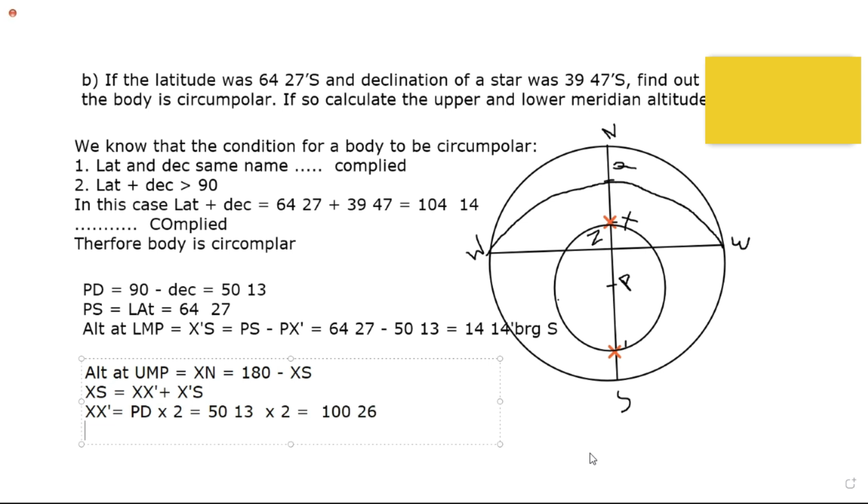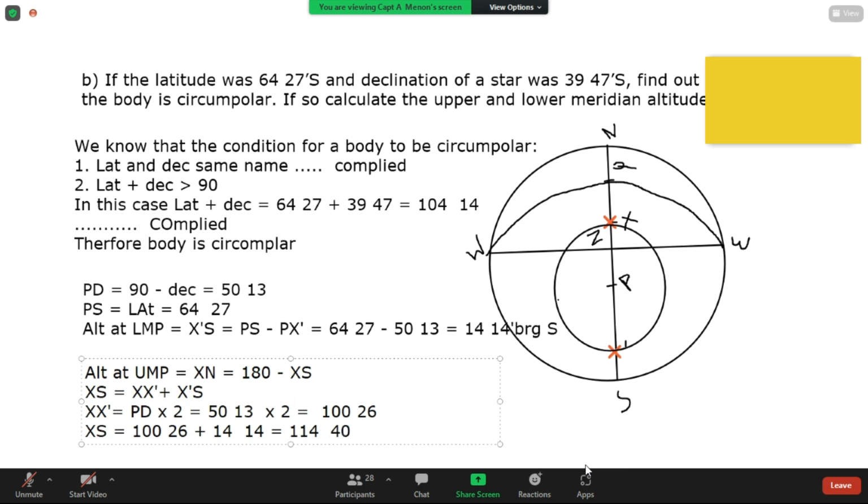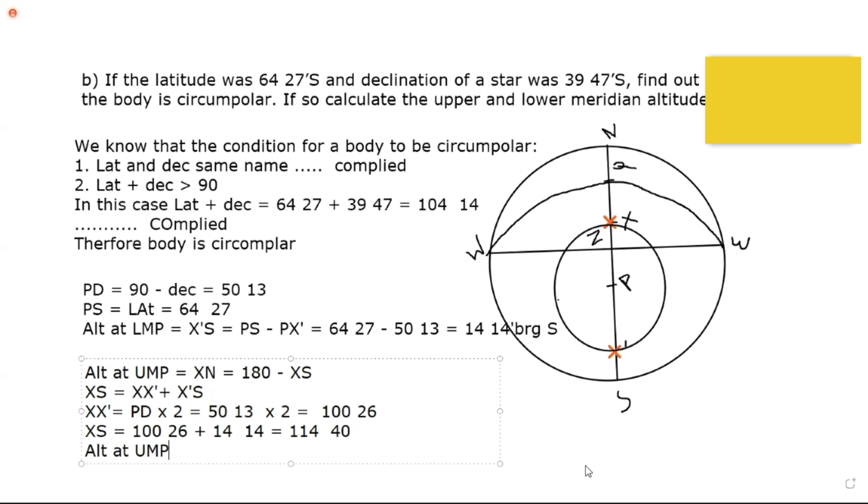Therefore, XS is equal to 100 degrees 26 minutes plus 14 degrees 14 minutes is equal to 114 degrees 40 minutes. Is polar distance into 2 or divided by 2, sir? Into 2, polar distance PX is double of XX dash.